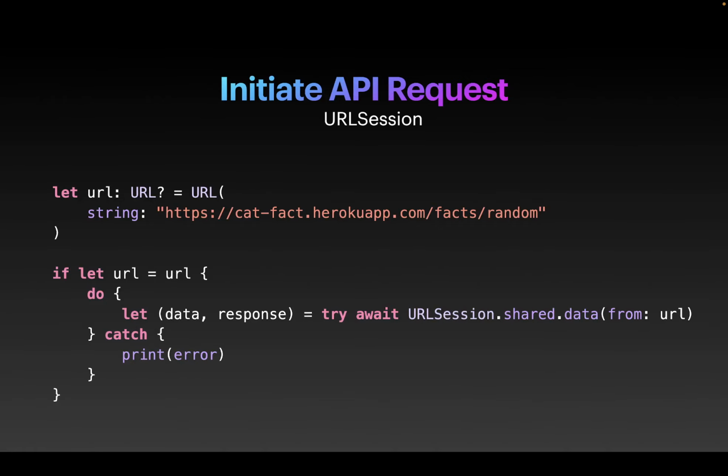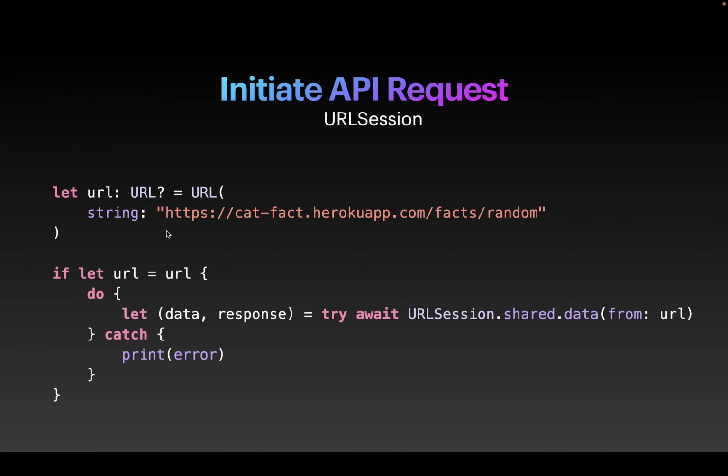Now, take a look at the code example. Let's see how we can actually use URL and URL session to initiate a web API request. Again, we take the example of the endpoint we used before, which returns some fun facts about cats. You first need to create a URL by doing something like this.